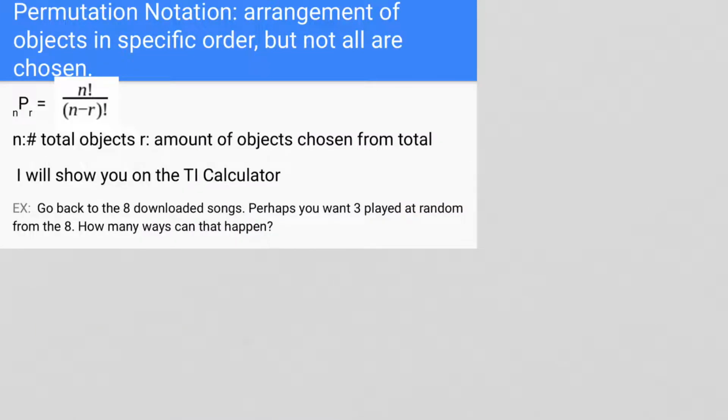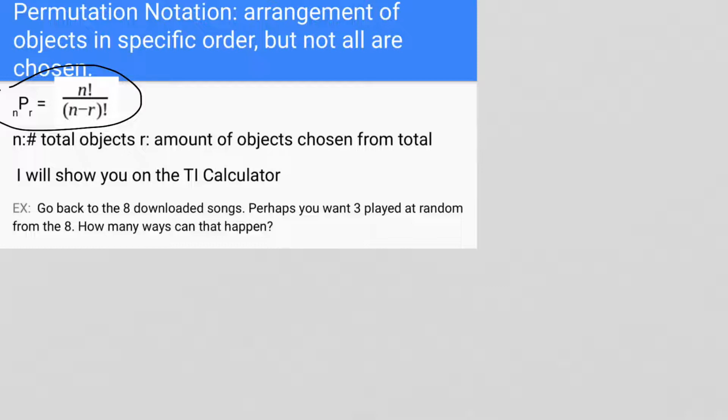Okay, another way to represent permutation is specifically when we're looking for an arrangement of objects, again, in specific order. Order is important for permutations, but we're not going to be choosing everything that's given to us, like the other 2 problems where we had to choose the 8 songs, choose all 12 file folders. Here we have a symbol. It's a permutation of n objects taken r at a time.